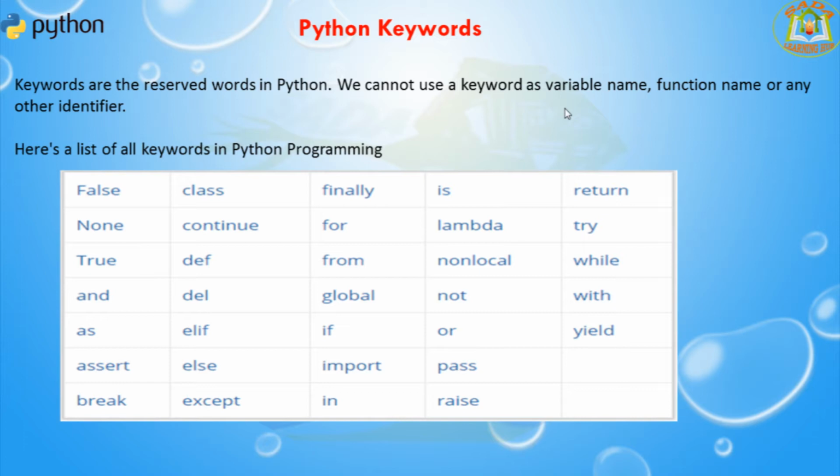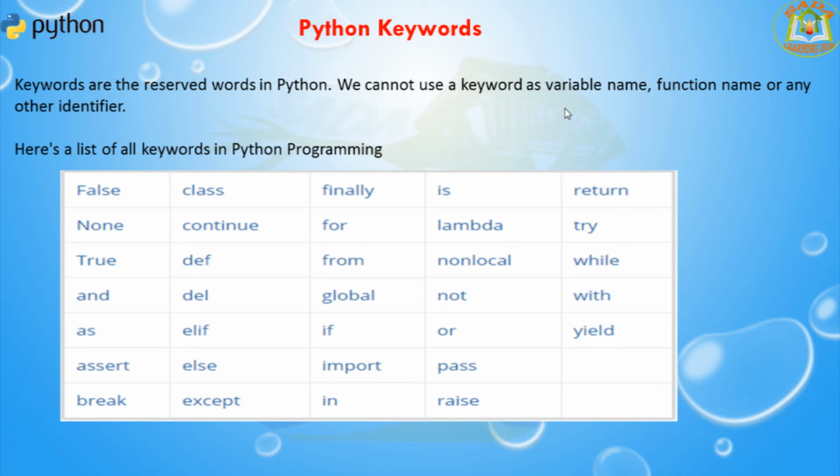If you use looping statements, branching statements, conditional statements, and also exception handling, these keywords will be used. In my coming videos I'm going to use them for practicing these programs. These keywords come into the picture while practicing.